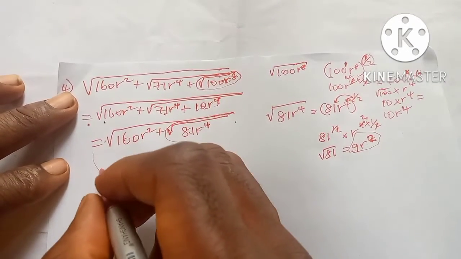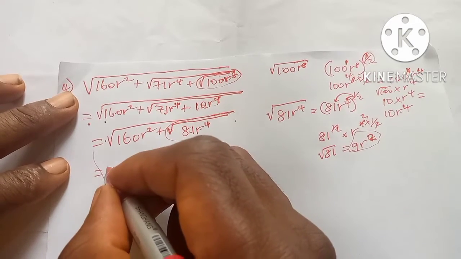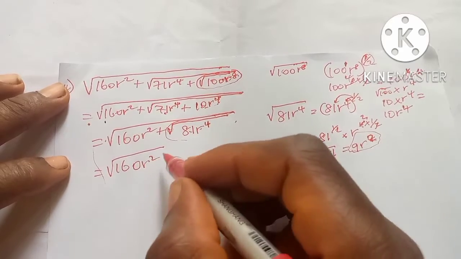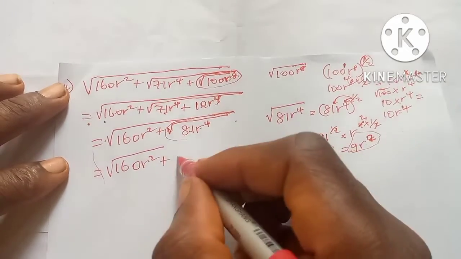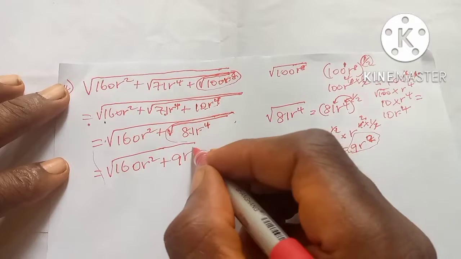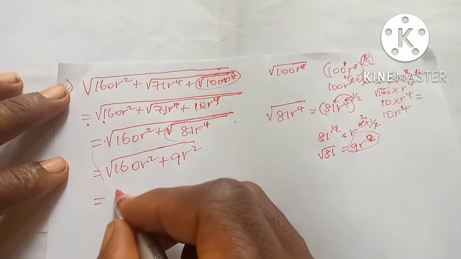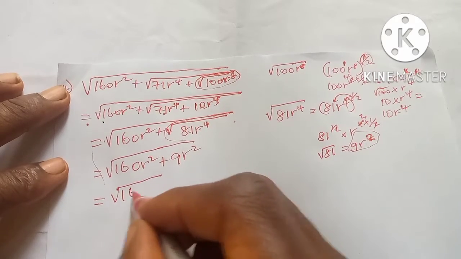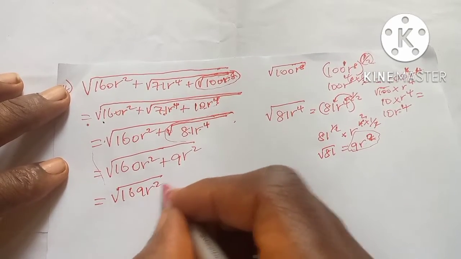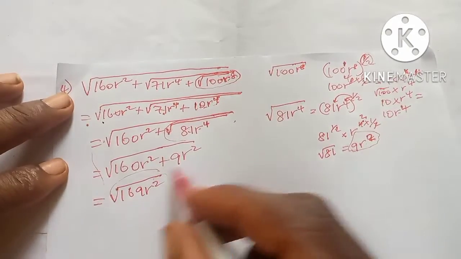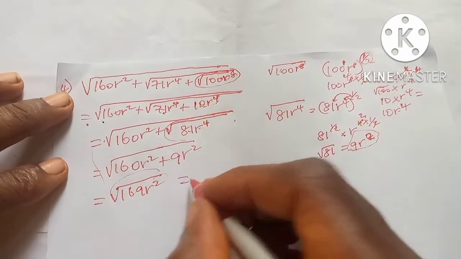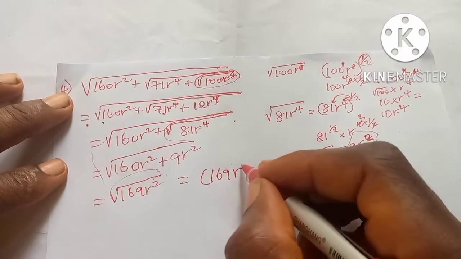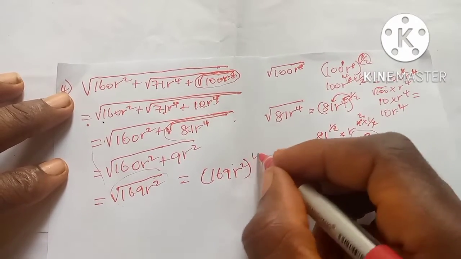So we have this is equal to root 160 r to the power 2 plus 9 r to the power 2, and this is equal to root 169 r to the power 2. So let's do the same thing we did here. So we have, and this is equal to 169 r square raised to the power half.